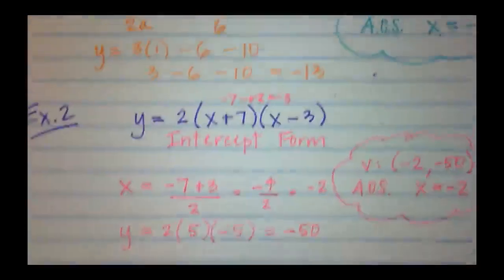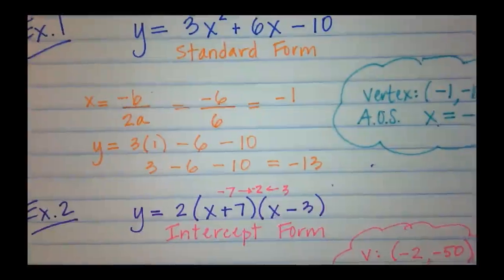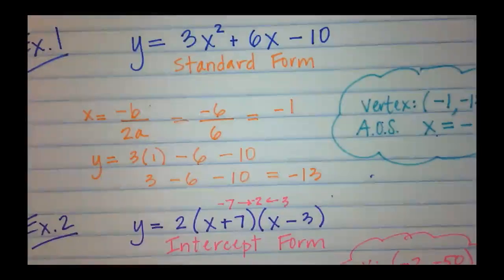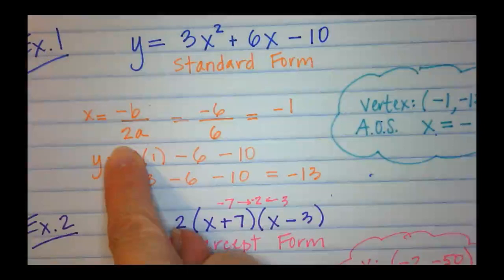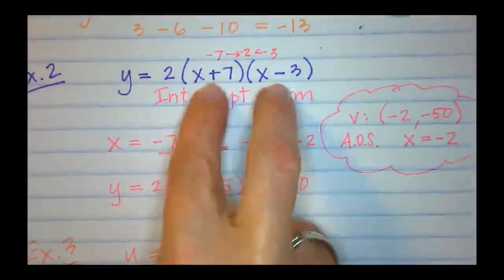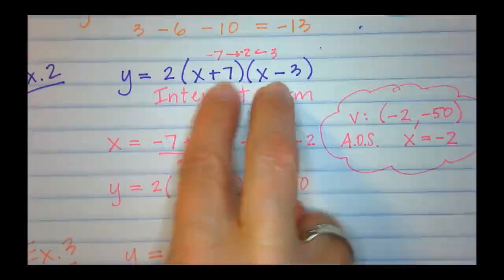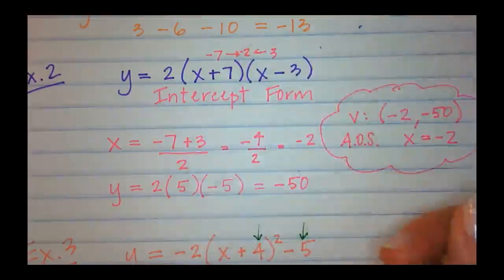So what we were doing again is finding the vertex and axis of symmetry in each of the different forms. So standard form, we use -b/2a, fill it in. Intercept form, we find the two intercepts, find the middle, which we can do by averaging, and then fill it back in.